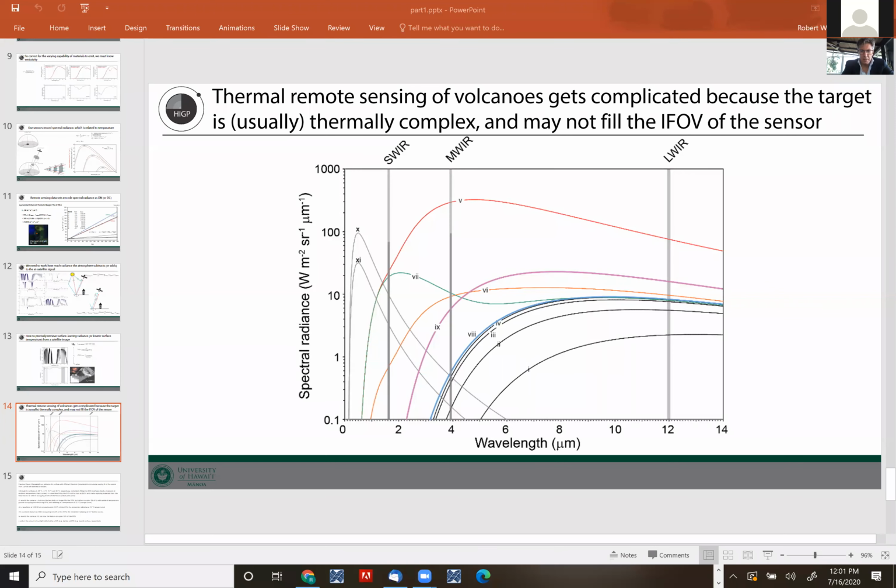Is there any deep learning based approach for lava analysis? Deep learning. Machine learning, well, you know, deep learning. Yeah, there is.